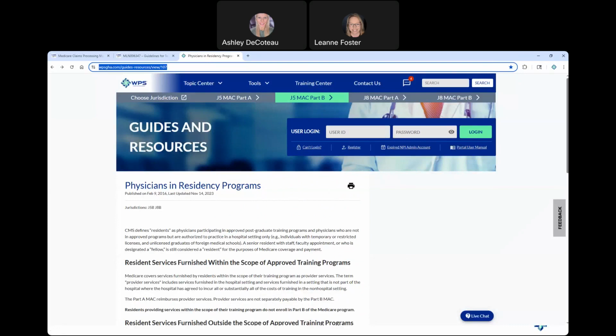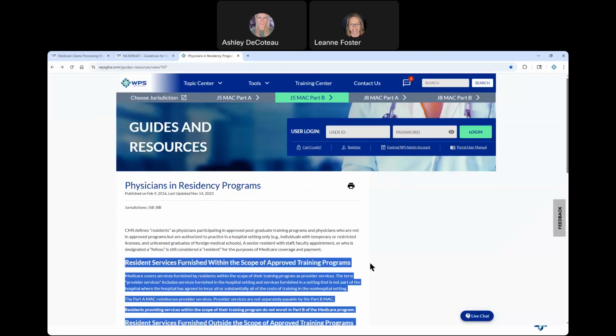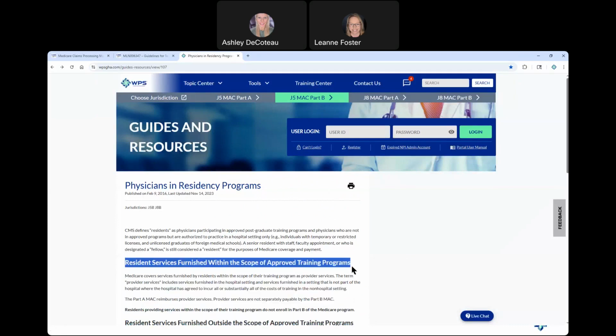So in this resource, there's a few things that I want to point out. This top section here for resident services furnished within the scope of approved training programs just tells us again that payment for resident services is included in the facility's Part A reimbursement for the graduate medical education program.